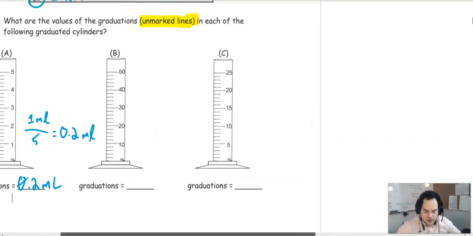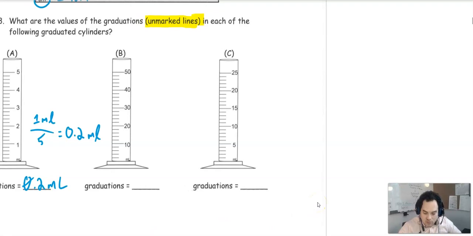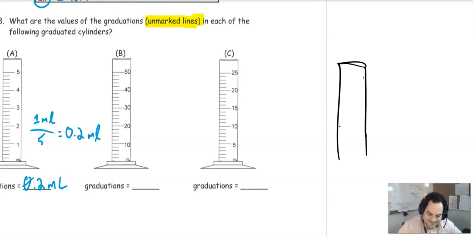So I'll make it go up. One, two, three, four, five.